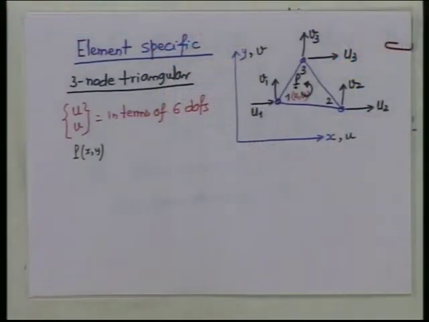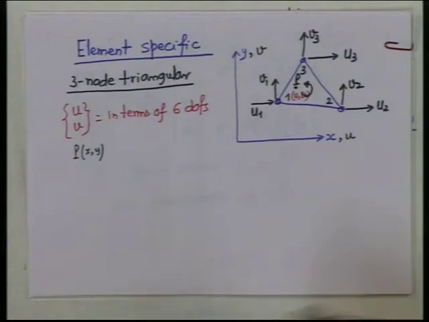So we have drawn a 3 noded element 1, 2, 3, with nodes numbered anti-clockwise, and each node has two displacements, because there is displacement in x as well as in y direction. Each point displaces in some general direction in the xy plane, so we can take components in x and y. So there are 6 degrees of freedom.